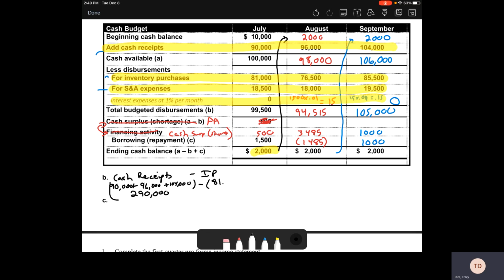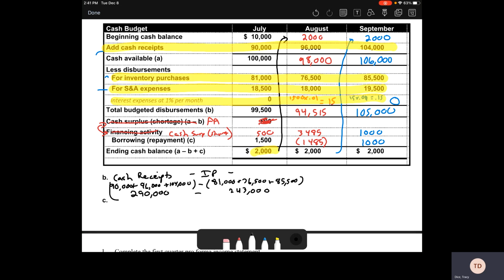So that's 81,000 plus 76,500 plus 85,500. And when we add all those up, we get 243,000.